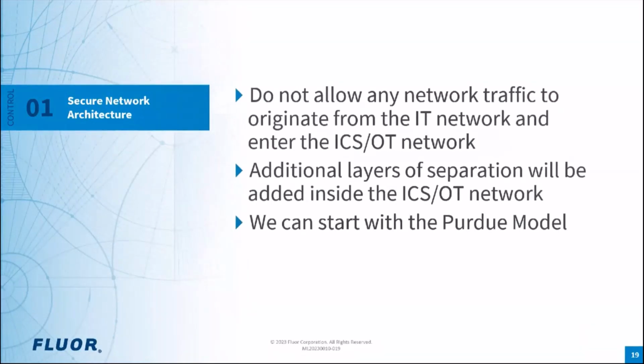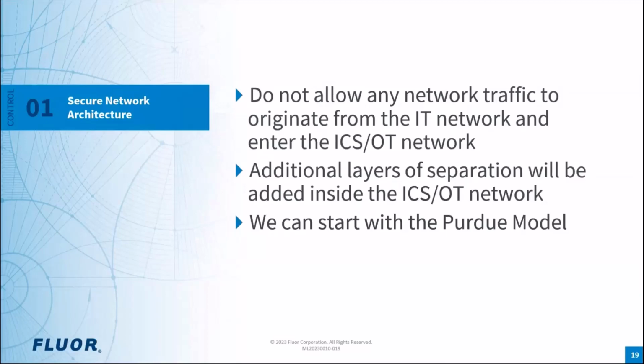So as a quick recap, right, each time we allow a network connection to originate from the IT network to enter the OT network, we introduce risk. We want to eliminate that risk completely if we can from the start. And then we can look at just the OT network as a whole to continue to further segment it down.